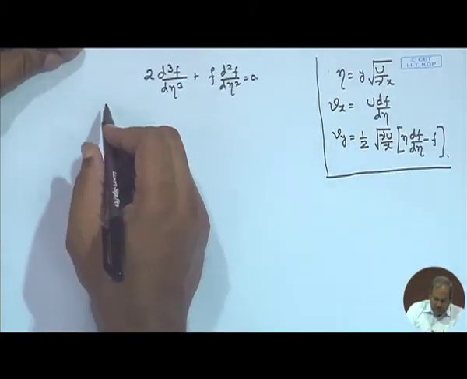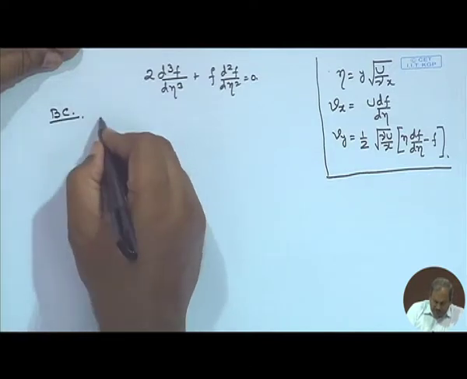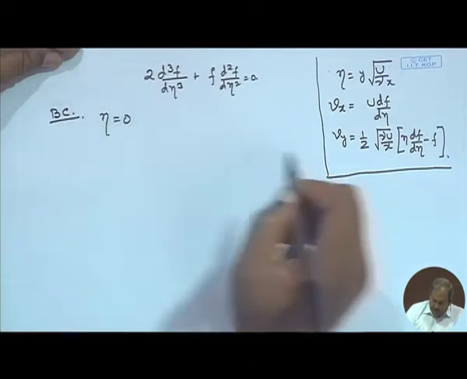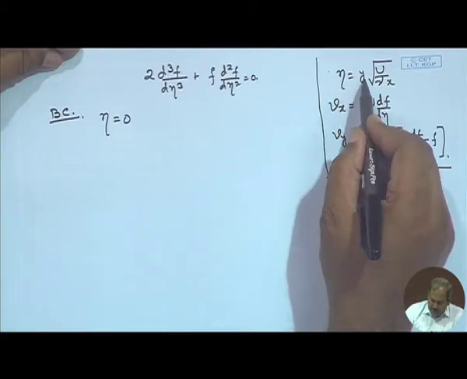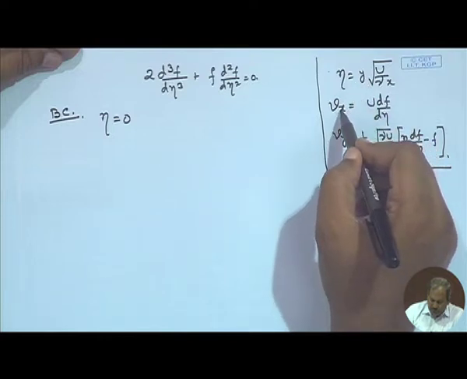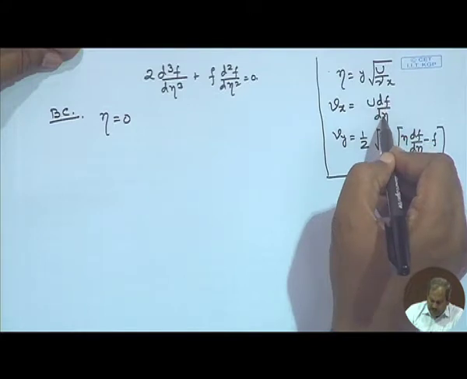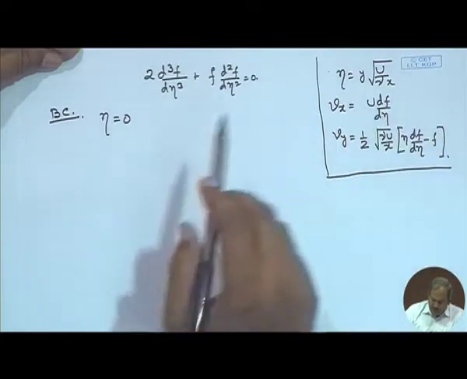We also understand that the boundary conditions to solve this equation are at eta equals 0, that means y equals 0. At y equals 0, Vx is going to be equal to 0. So if Vx is 0, then df d eta must be equal to 0. I would repeat it once again.